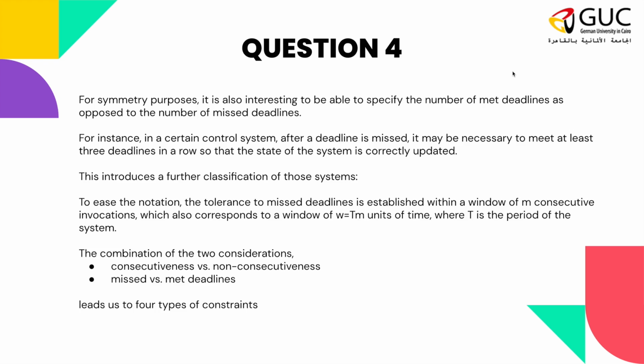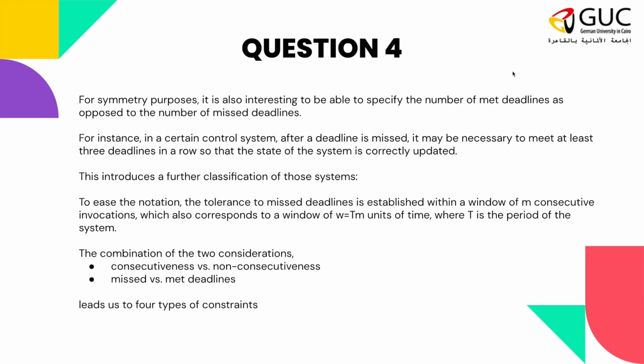If I say m consecutive invocations, it means I invoked 3 times, 4 times, 5 times. However, if I want to know the exact time, I need to multiply the period of one invocation by the total number of invocations. Therefore, this will specify the time.